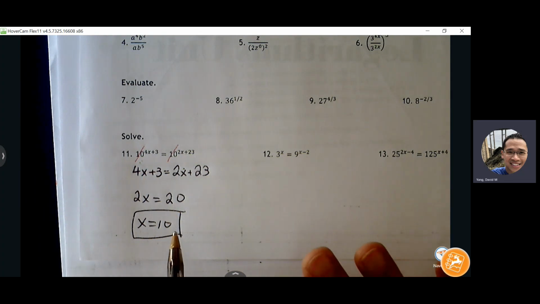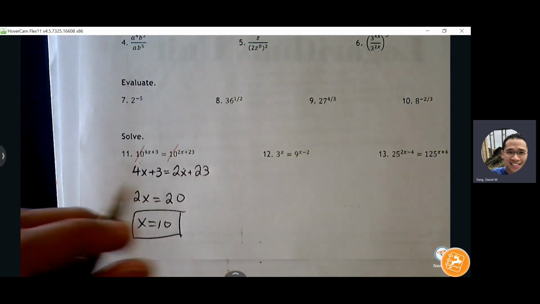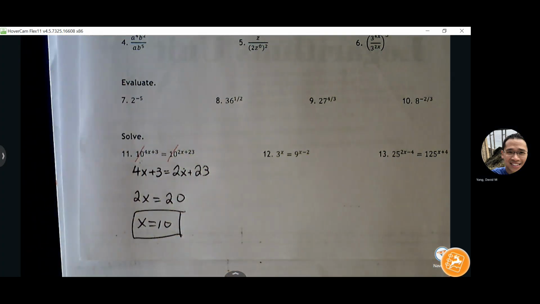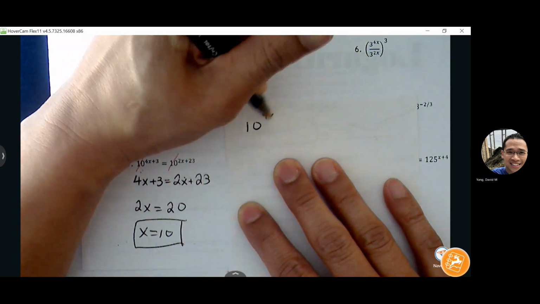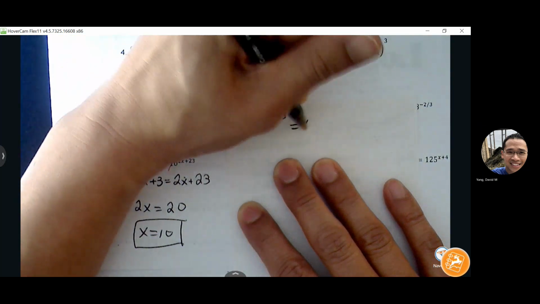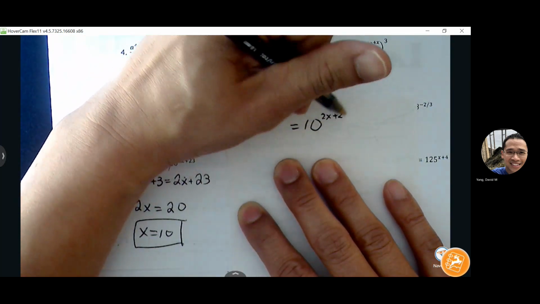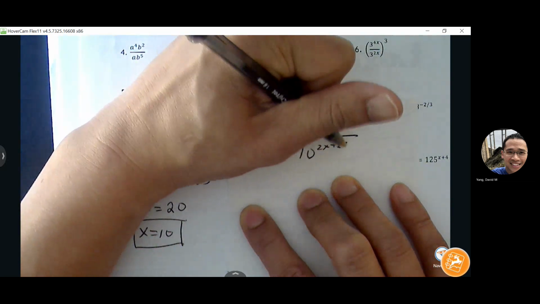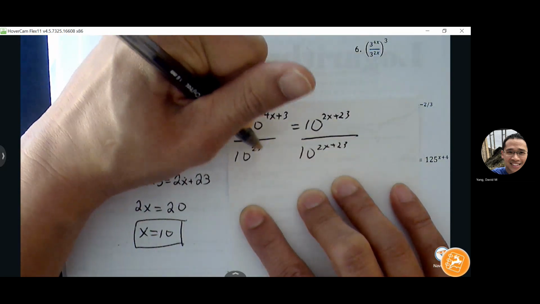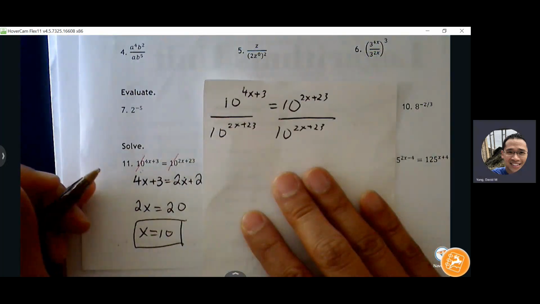Okay, so the issue is that, yes, you're right, it would clean up if you do that, but here's the problem. This is what you did, right? You divided both sides.